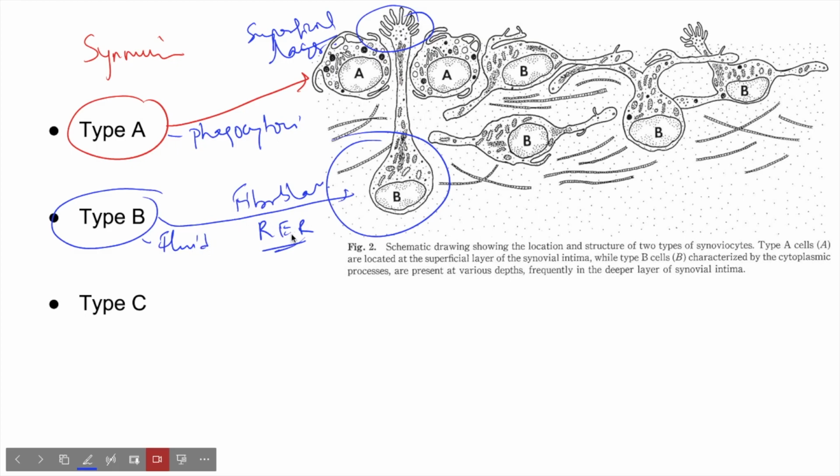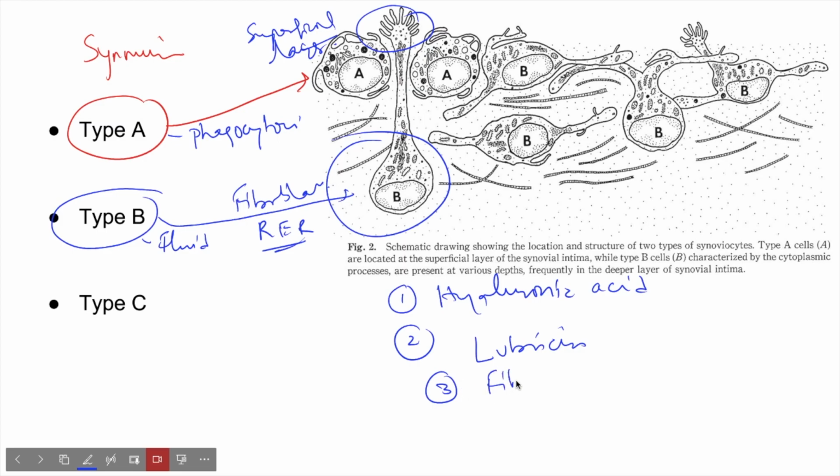It also produces other things like 1 hyaluronic acid, 2 lubricin, 3 fibronectin, and 4 collagen. So type B synoviocyte is a fibroblast type of cell found in the deeper layers of the synovium, which produces mainly the synovial fluid.